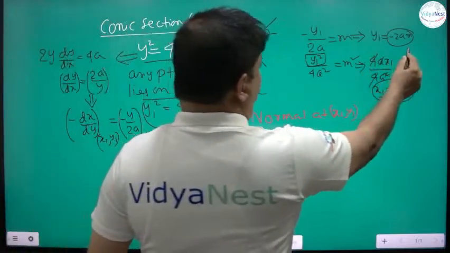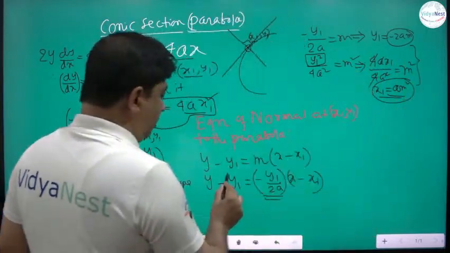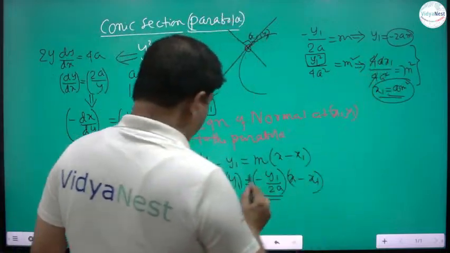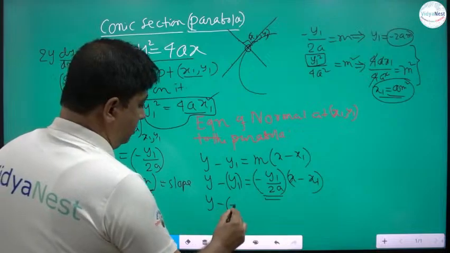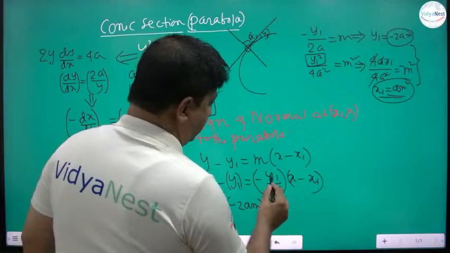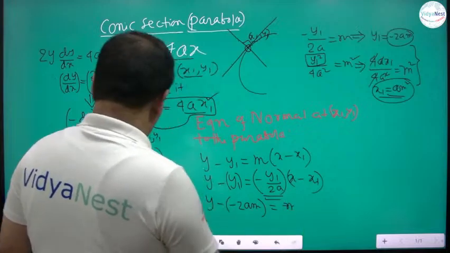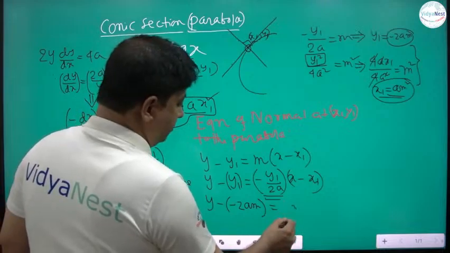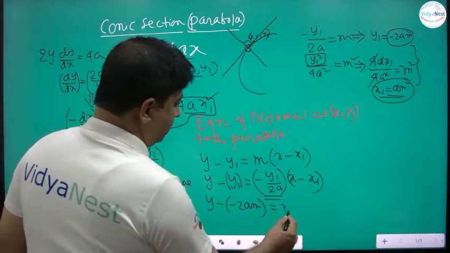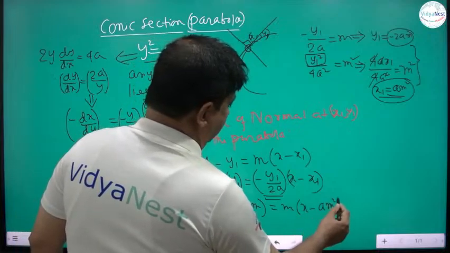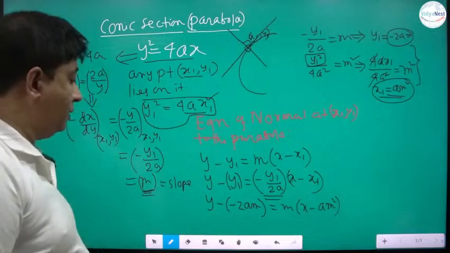So those two values which we have derived will be placed here. Y instead of y1, minus 2m, that is nothing but m, x minus m square.